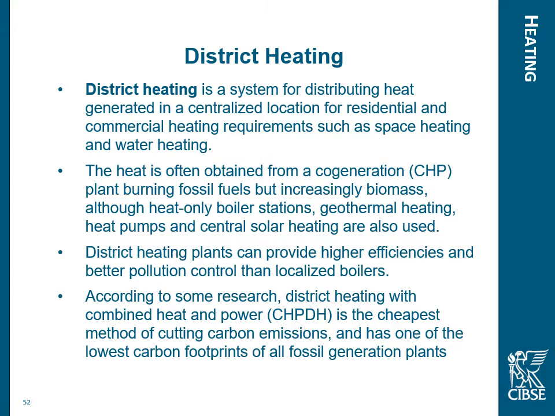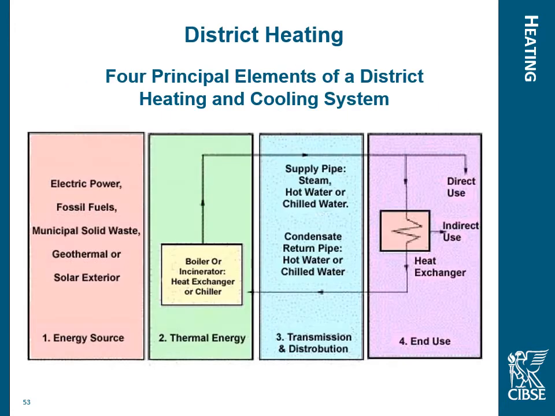But we are tending to move away from CHP because CHP tends to be powered by gas. Most CHPs are, and because obviously gas is a fossil fuel, we are getting emissions out there, and we need to move away from gas in the future.